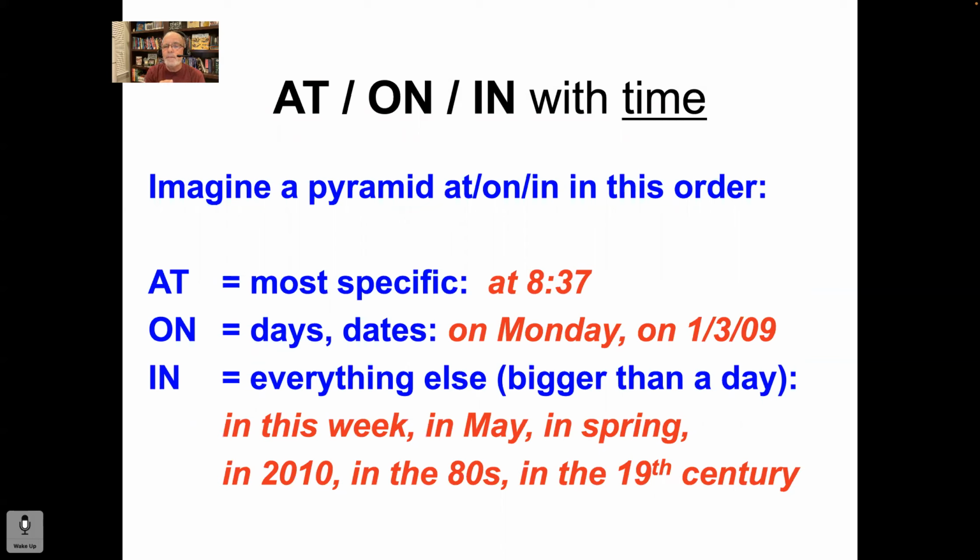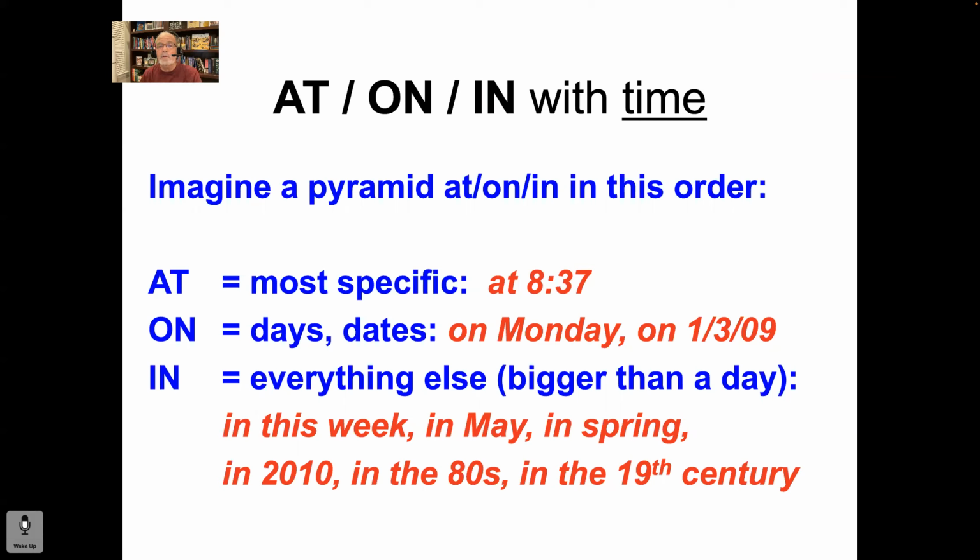And every time in the future, you draw that pyramid and you watch 20 people in your class, you watch 40 eyes light up with, oh my gosh, there's a rule, there's a pattern to this. This teacher, Keith Foltz, or whatever your name is, is brilliant. And you can thank me, okay? So at for the most specific, which is clock time, 8:37.